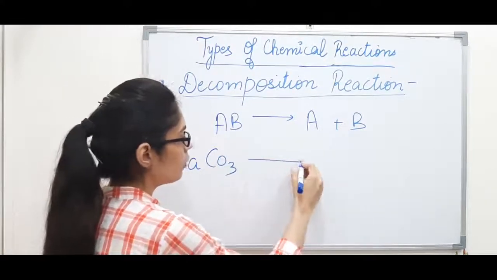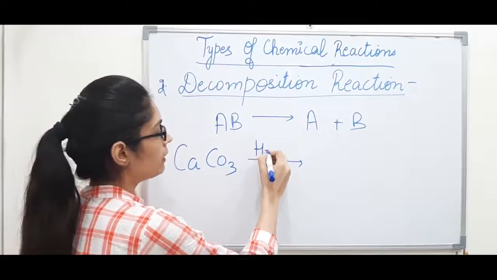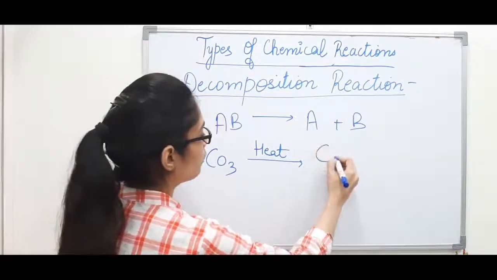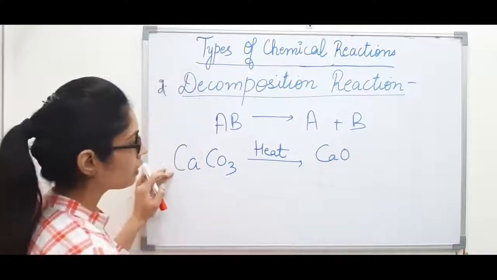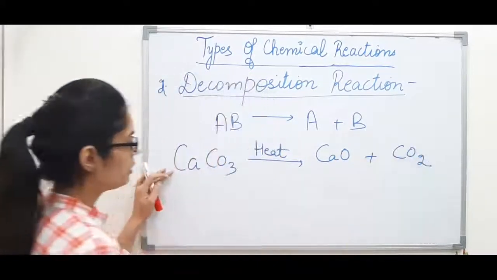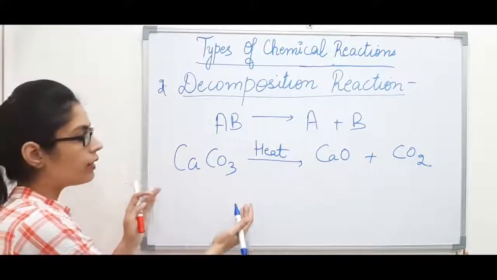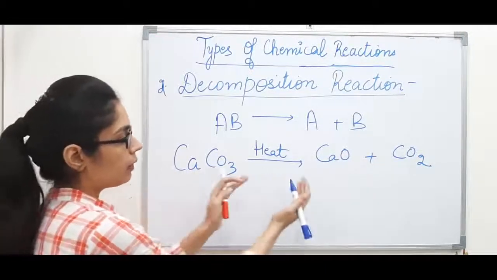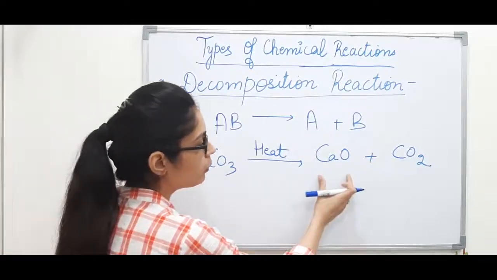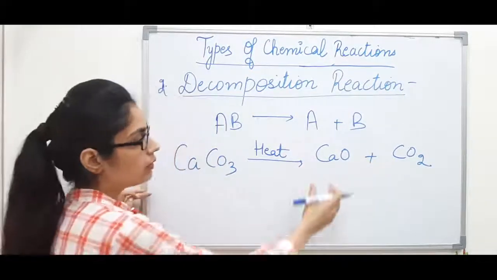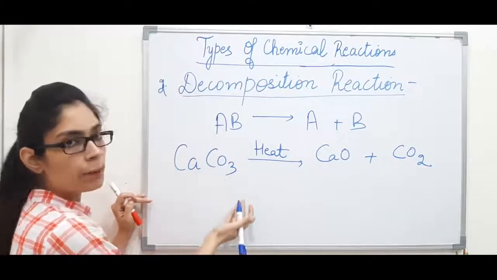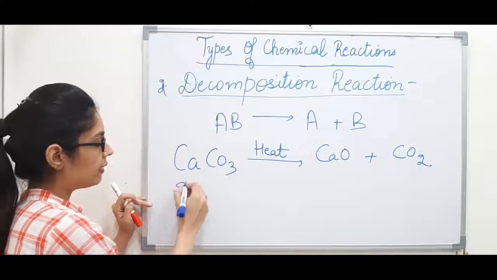On applying heat, it will be broken down into calcium oxide plus carbon dioxide. This is my complex reactant. When I am applying heat on this, it's getting broken down into two simpler products, calcium oxide and carbon dioxide. This calcium carbonate is also known as limestone.